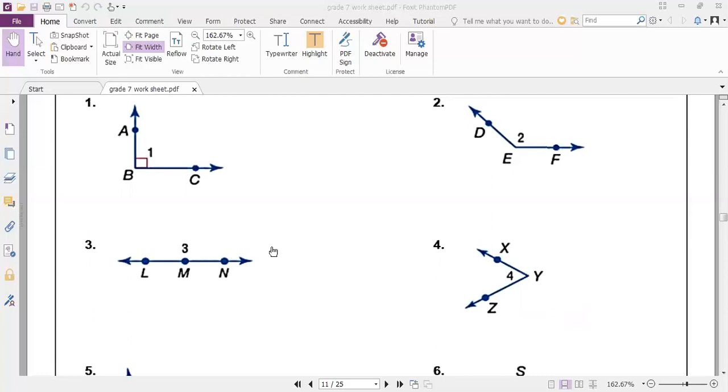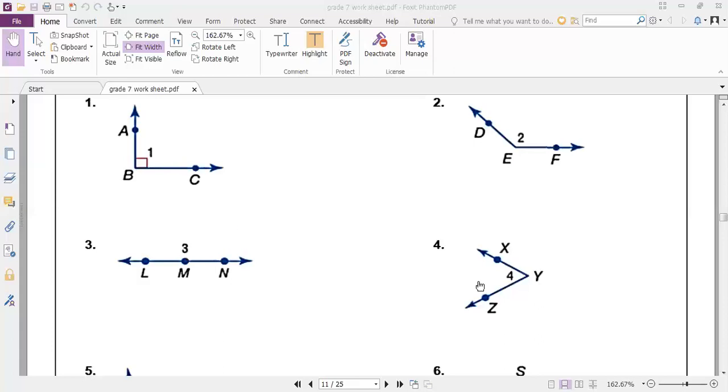If you have an exactly straight line, like angle LMN or NML, or I can call it M alone, or angle 3, all of them are right. This angle is a straight angle, and its measure is equal to 180.